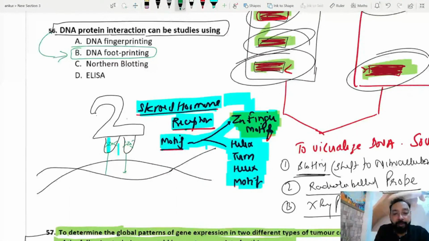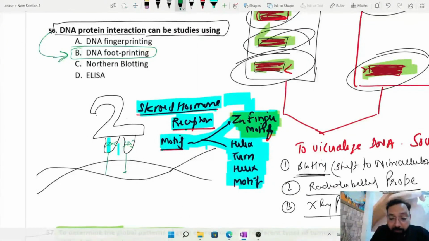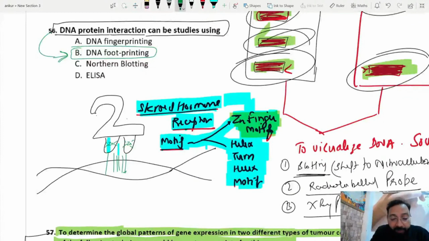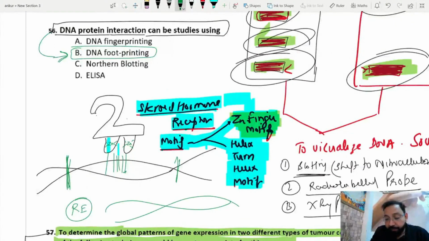What is DNA footprinting? No question as such in detail, but you can simply remember in DNA footprinting, we found that whenever DNA and protein interact, and any enzyme just like restriction endonuclease wants to cut this. Suppose this is normal DNA. Restriction endonuclease can cut at this site, at this site, at this site. But if motif is already attached, protein is already attached, then it would not be cut at these sites.